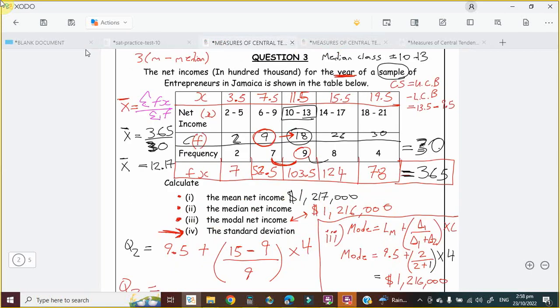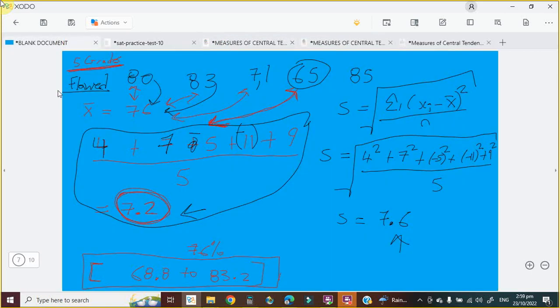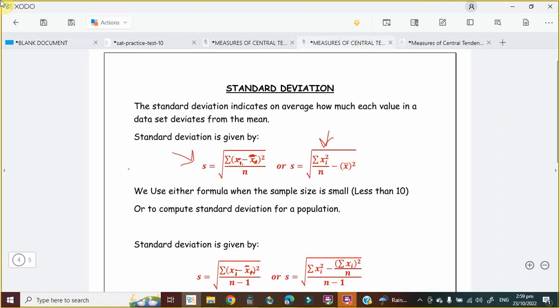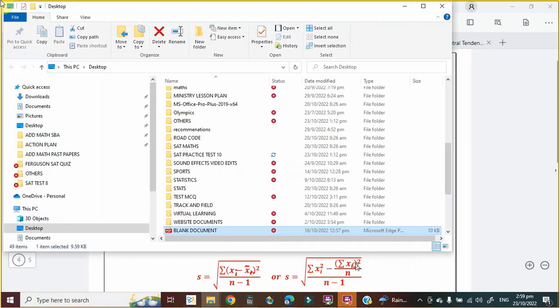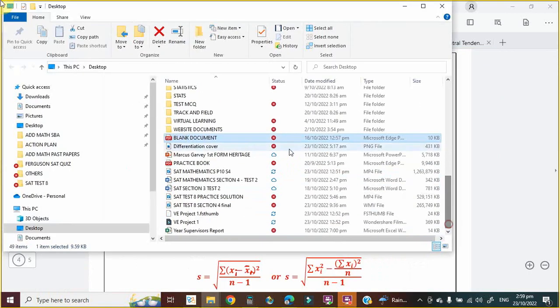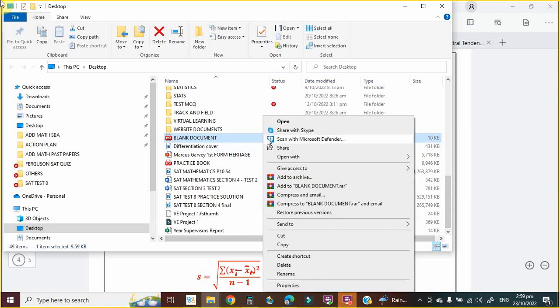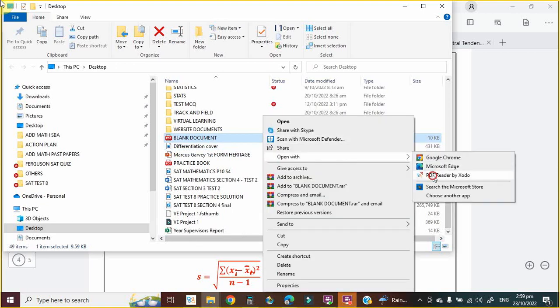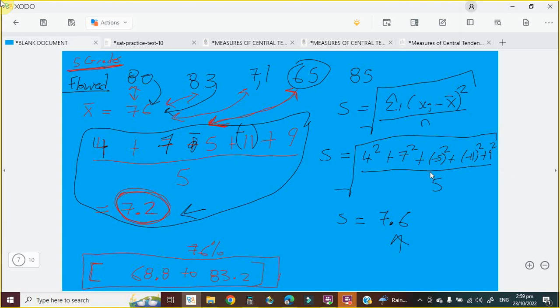Why won't the blank document open yet? Let me try something again. Open. What? Oh, here it is.